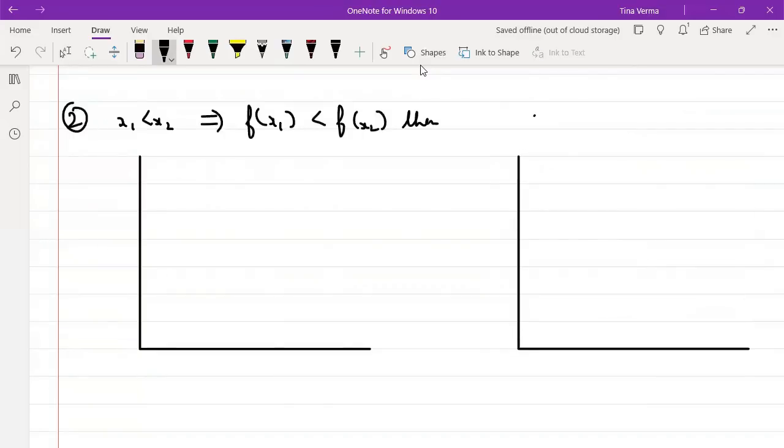So then, any doubt? Any doubt? Then the minimum lies in interval. We will also check in this case.